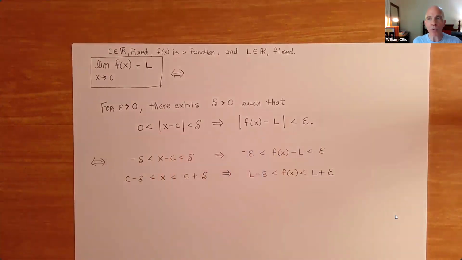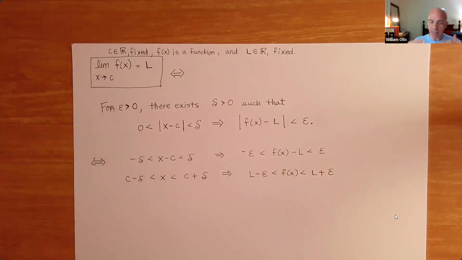And again, what we're presupposing here is that in the general context, the C is approached from either side by X, like I wrote in the previous problem, but that might not always be the case.